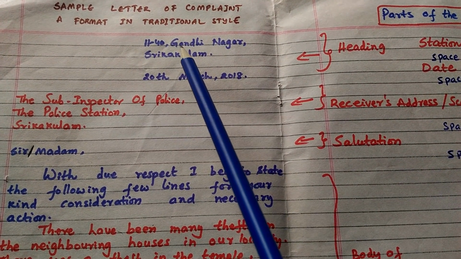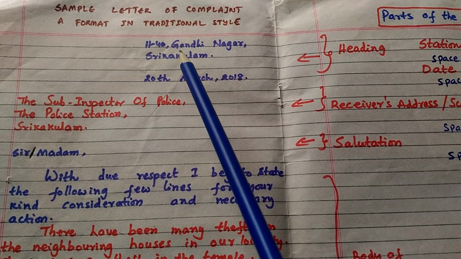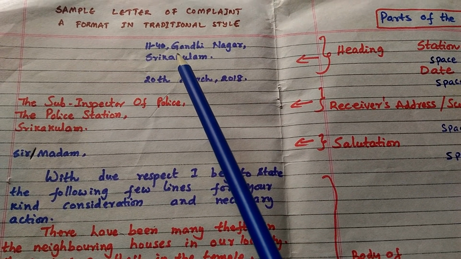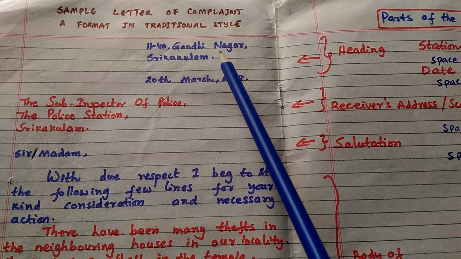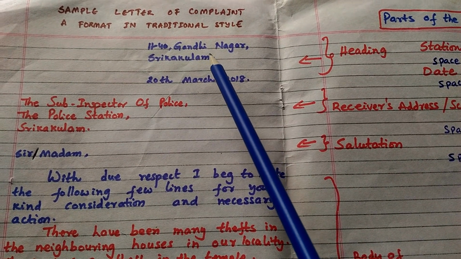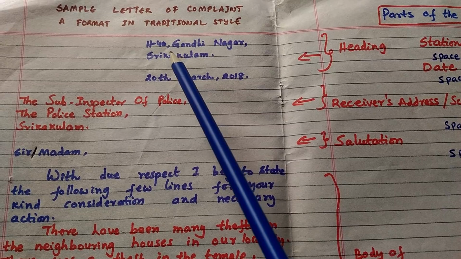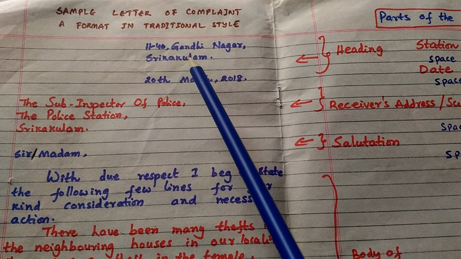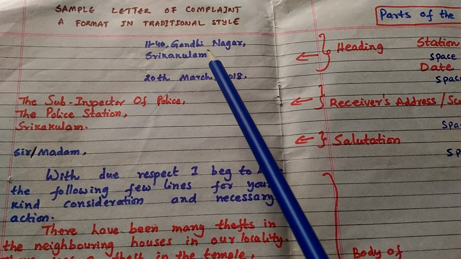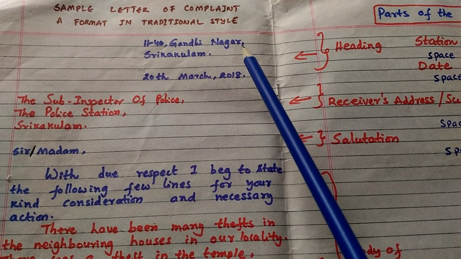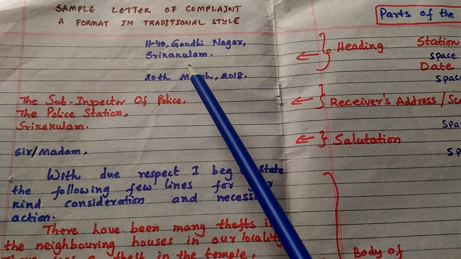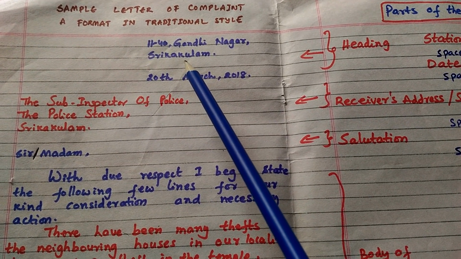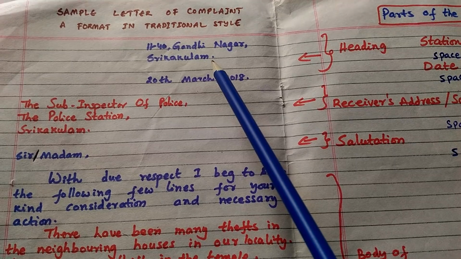Here, we have to write capital letters for each word. Here, Gandhi, G is a capital letter, N is a capital letter. After writing the door number, you have to put a comma, and after writing the street name we have to put a comma, and then after writing the village or town name we have to keep a full stop.